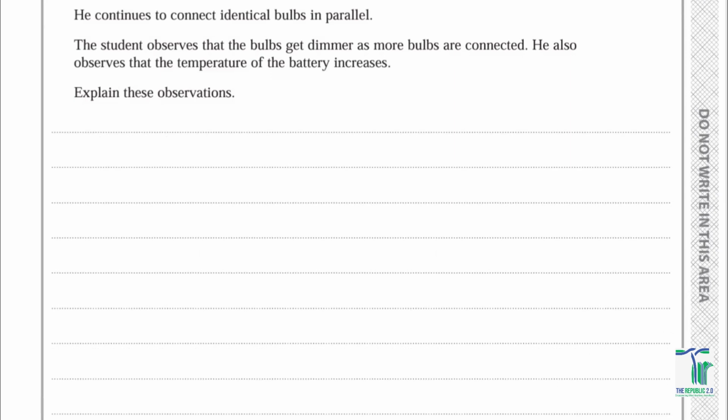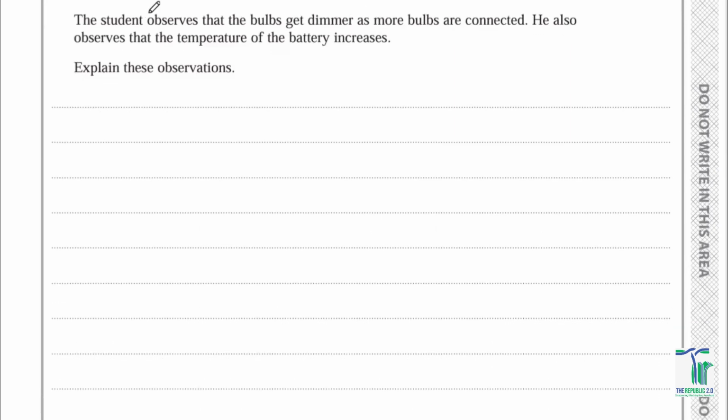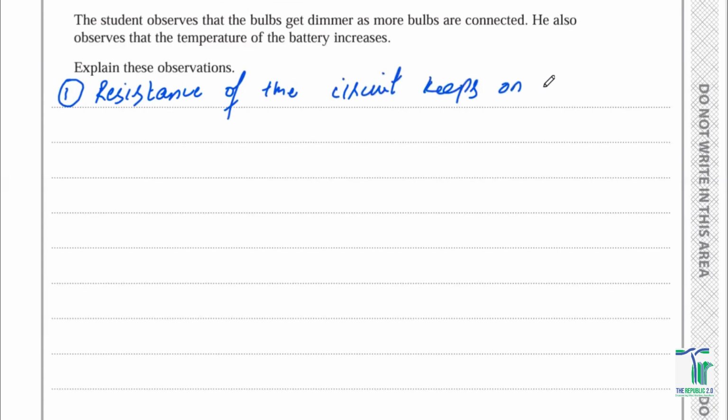So we'll start with the first point, and the first point should be that as the student keeps on connecting bulbs in parallel, the resistance would keep on decreasing. The first point is that the resistance of the circuit keeps on decreasing.